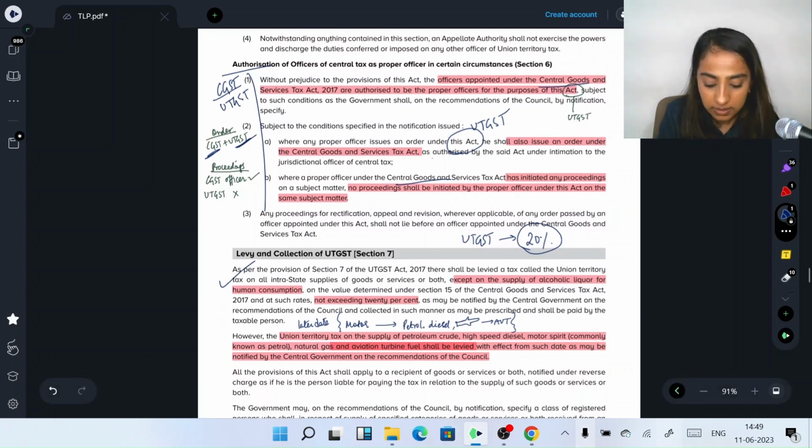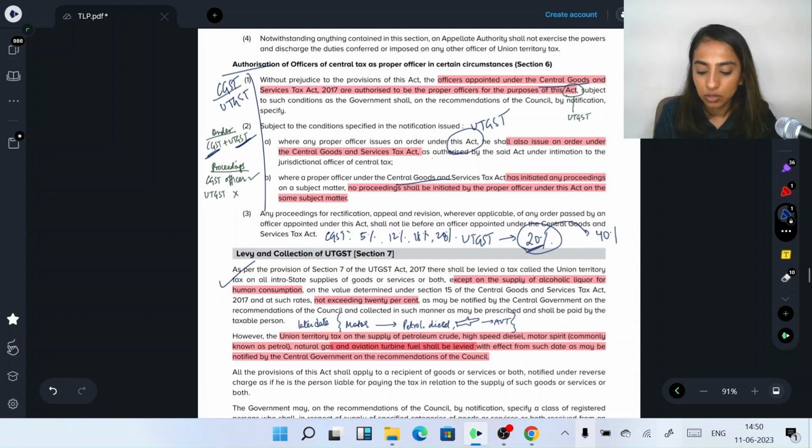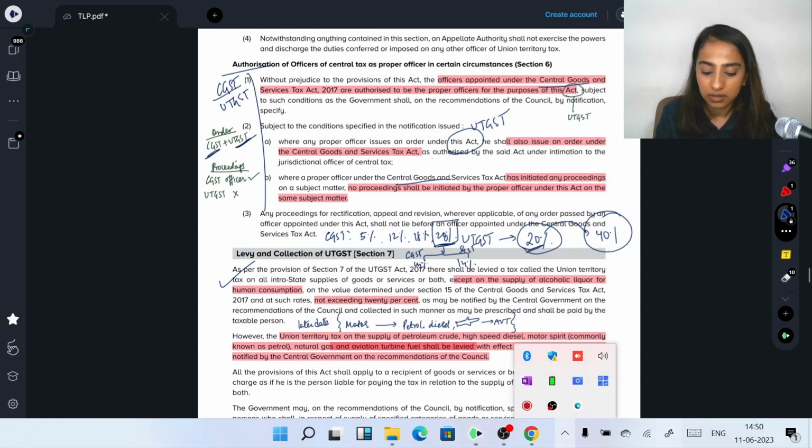We saw earlier that, let's say CGST, we saw the rates as 5%, 12%, 18%, sorry, 28%. Correct? So this will become double in the sense total rate of GST. This is divided into two parts, CGST and SGST, of 14% plus 14%, right? Now if you are levying UTGST, it will be CGST 14% and UTGST 14%, right?